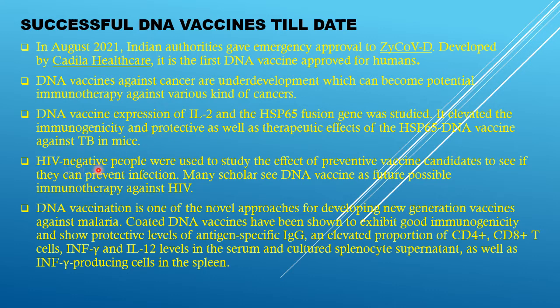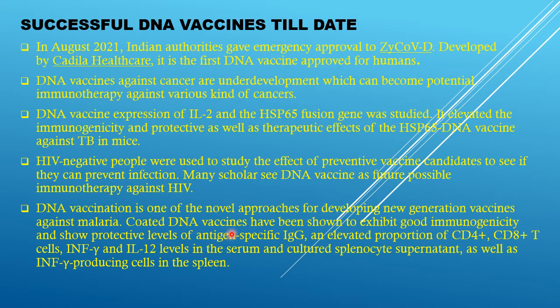HIV negative people were used to study the effects of preventive vaccine candidates to see if they can prevent infection. Many scholars see DNA vaccines as a possible future immunotherapy against HIV. DNA vaccine is one of the novel approaches for developing new generation vaccines against malaria.